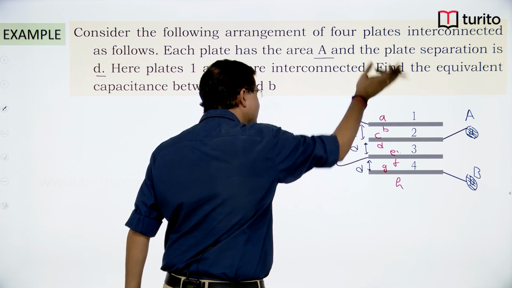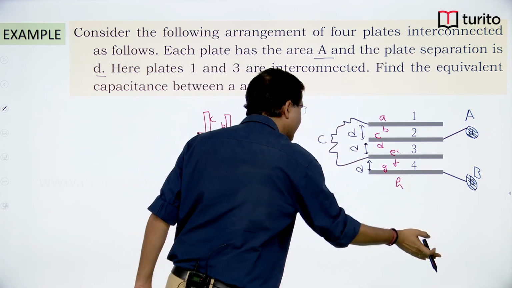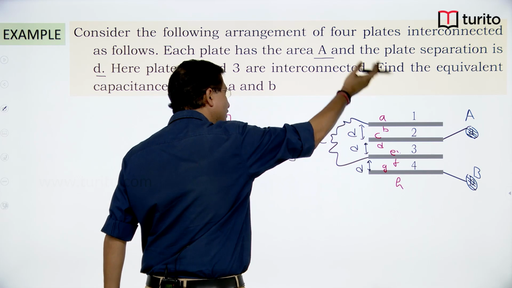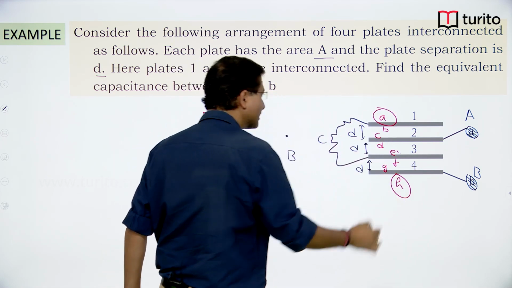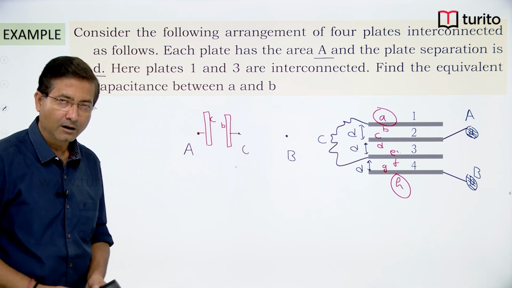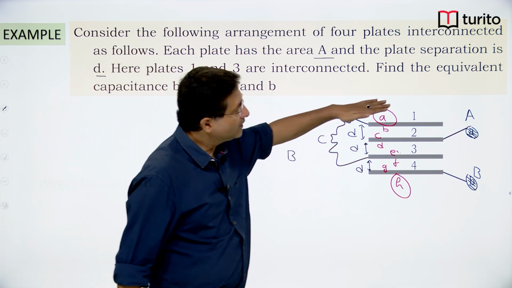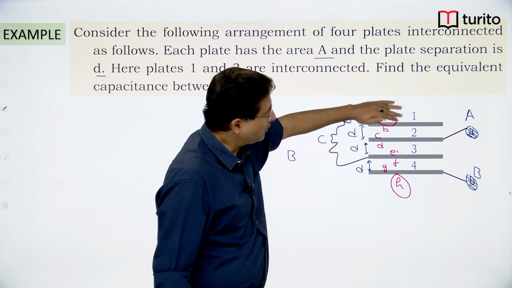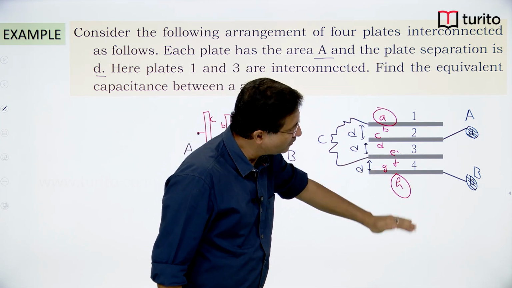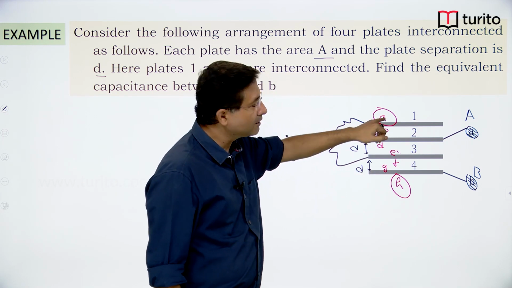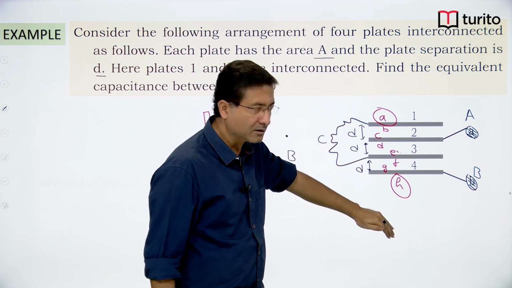As there is nothing on this side and nothing on this side, this surface will not be part of any capacitor. So you need not worry about this a and this h. There is no plate above this and no plate below this, so this h and this a will not be part of any capacitor.